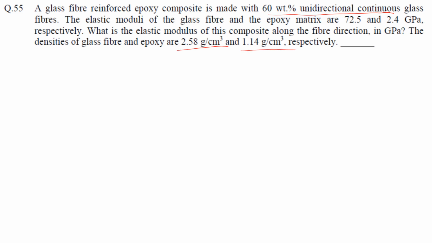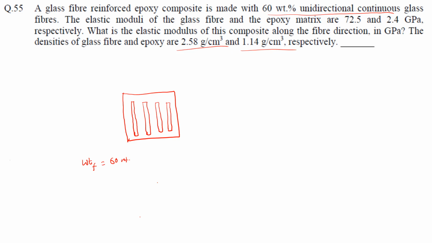For this type of problem, first you just draw a schematic. This is the matrix and these are the fibers. The weight percent of fiber is given as 60 weight percent, so the weight percent of matrix will be 40 weight percent.